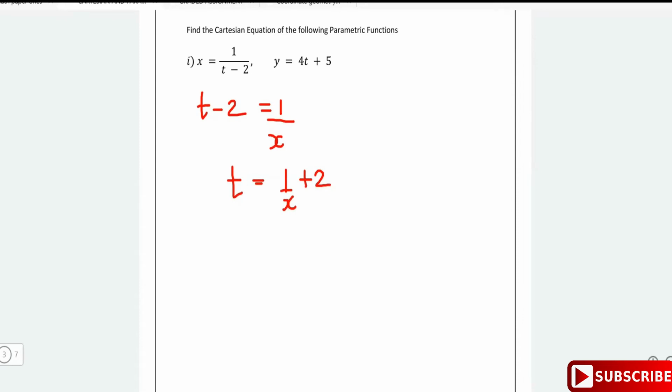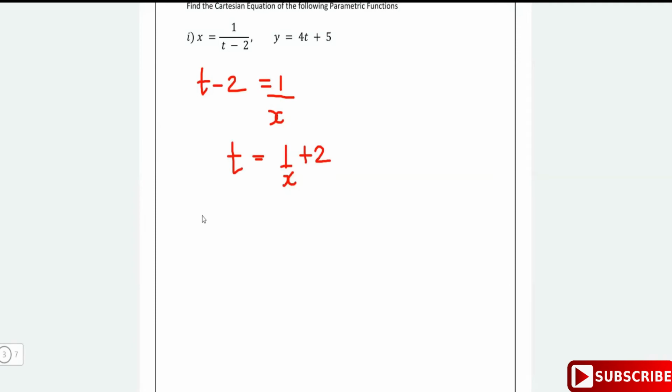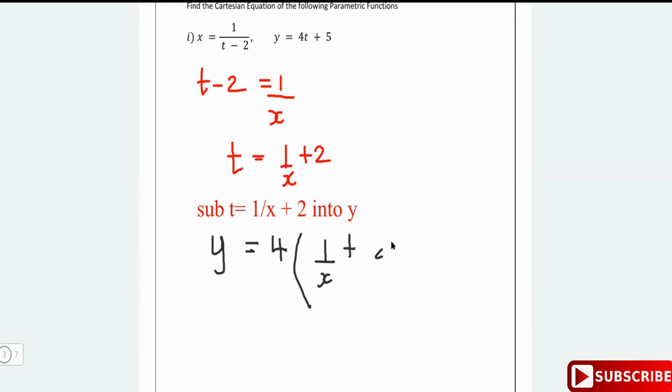Let's go ahead and do that. So y is going to be equal to 4 times t, where t is 1 over x plus 2. So it's 4 times 1 over x plus 2, and then we add 5 to it, plus 5.